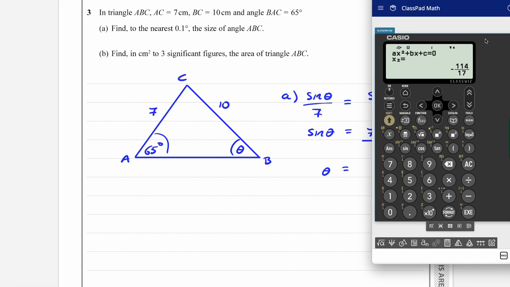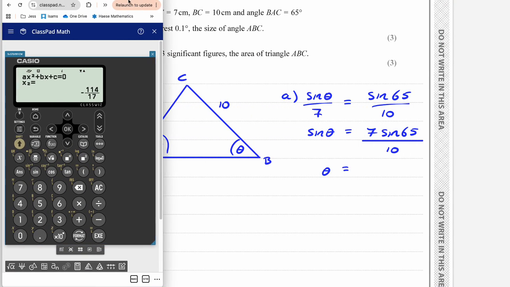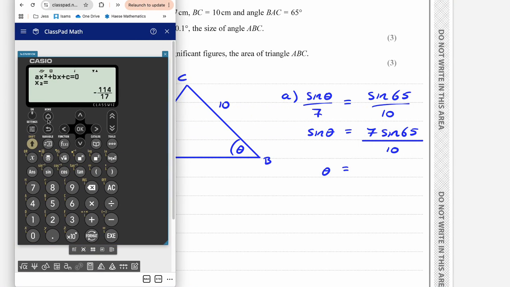So let's just get this out here, guys. Okay, so theta is the inverse sine. Now note, guys, I am in radians.